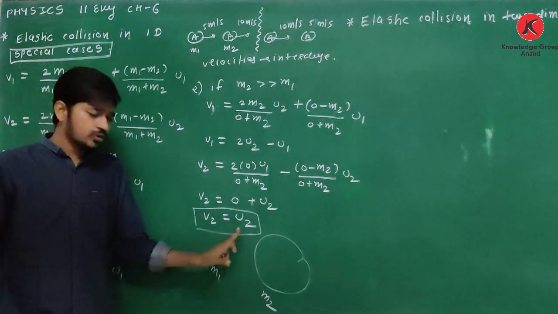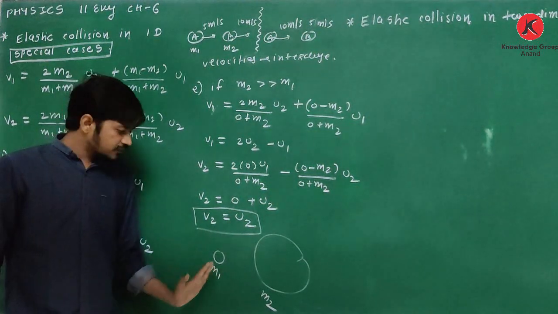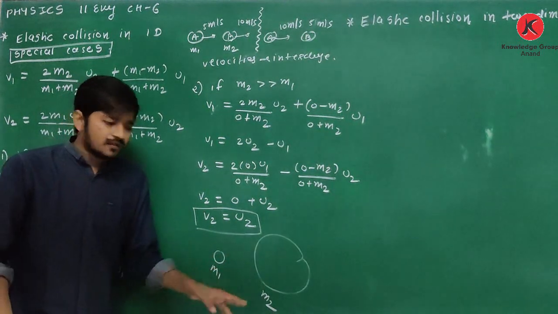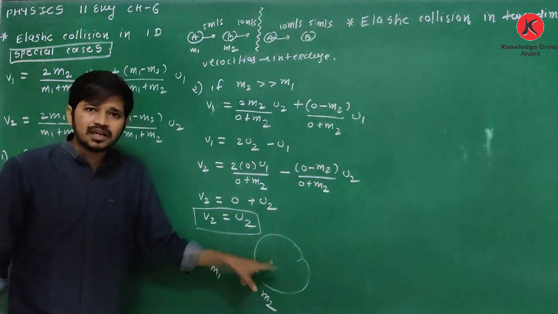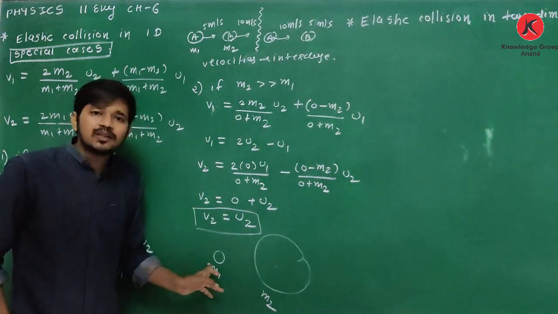V2 is equal to U2. If a cycle collides with a truck, there is no change in speed or velocity of the truck. Velocity or speed of the cycle will change.